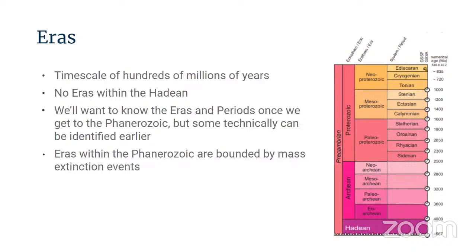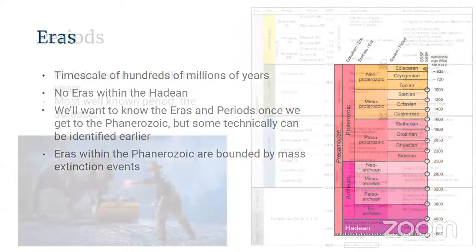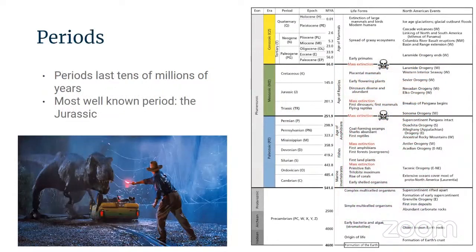and then one more in, we'll be talking about periods. Your chart that I gave you has even more detail than that, has ages. We're not really going to talk at that in great detail in this course. A cool thing that is true about eras within the Phanerozoic is that our three eras, the Paleozoic, the Mesozoic, and the Cenozoic, are bounded by massive extinction events.